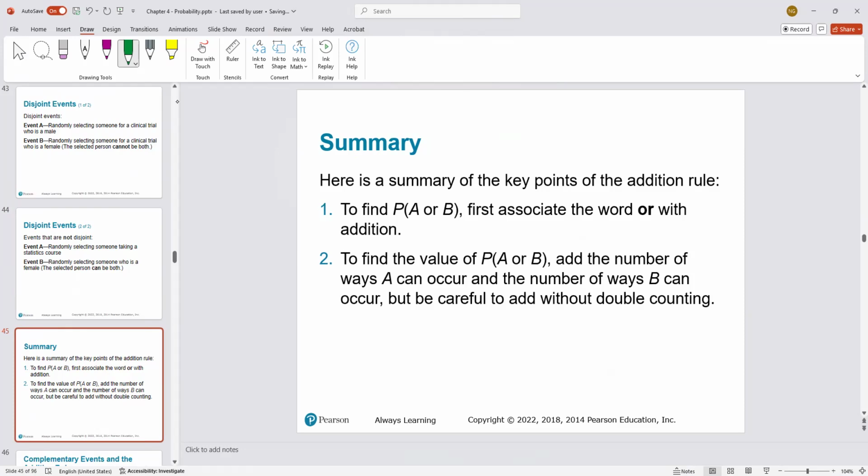Here's a summary of the key points of the addition rule so far. To find the probability of A or B, remember the or, very important.